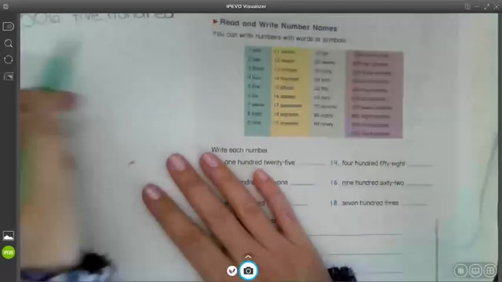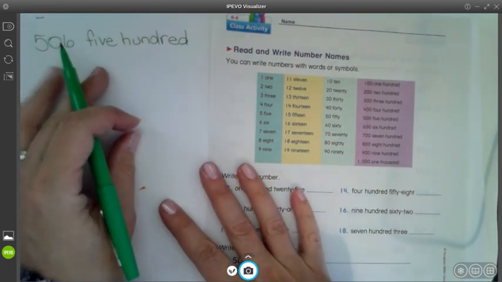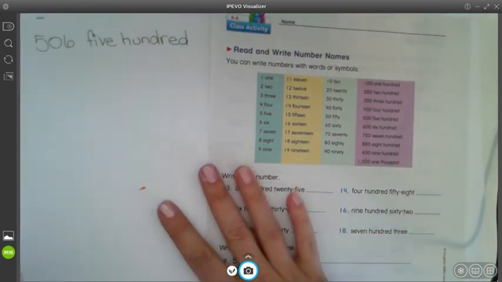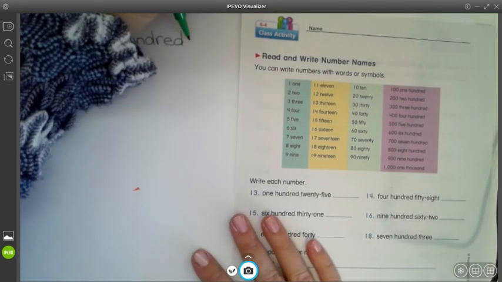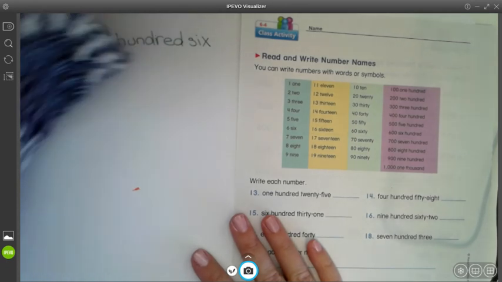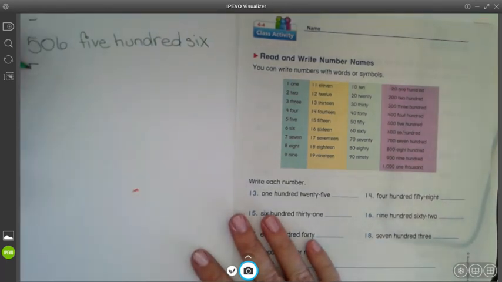And sometimes when we're reading this number, people will say "five hundred and six," but it's actually just 506. So there is no "and." It's just 506, right? That is just the number. If I give you the number 530, it's the same thing.